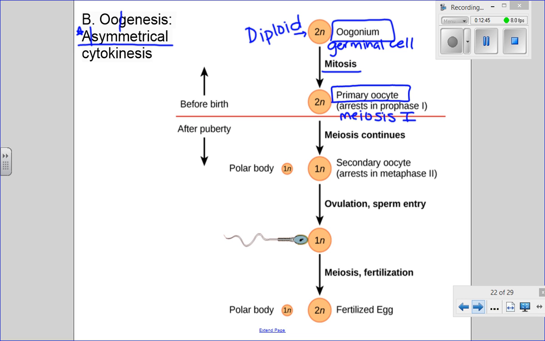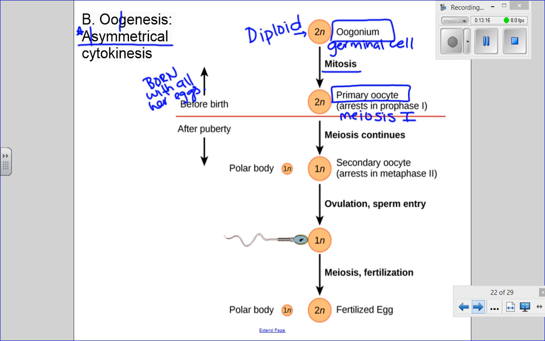This means that a female is born with all of her eggs. She is born with a set number, and that is the number that she is going to have. So if we were to compare a male and a female, the average, and it's really just an average because it's not identical for everybody, but somewhere in the neighborhood of 400 is how many eggs a female is typically born with the capacity to produce.